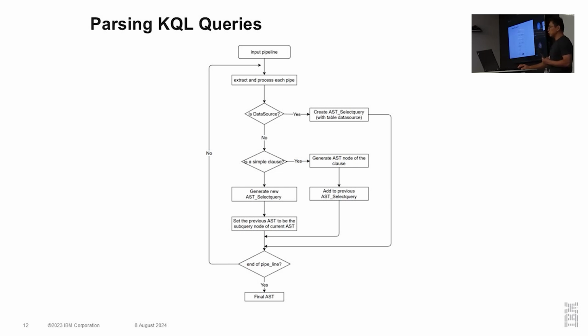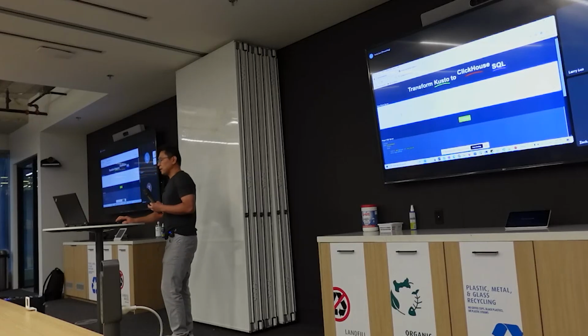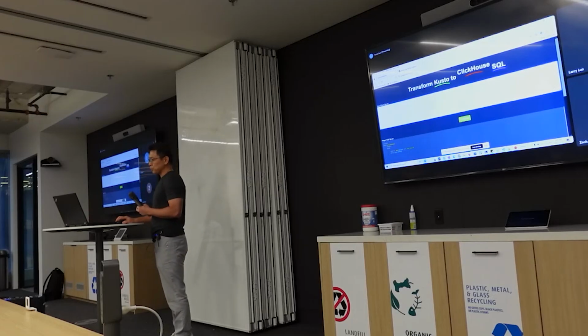I'm not going to walk through all of this in detail, but basically it recursively walks all the KQL operators one by one, generates subqueries and chains them together. At the end, you have a valid SQL query.